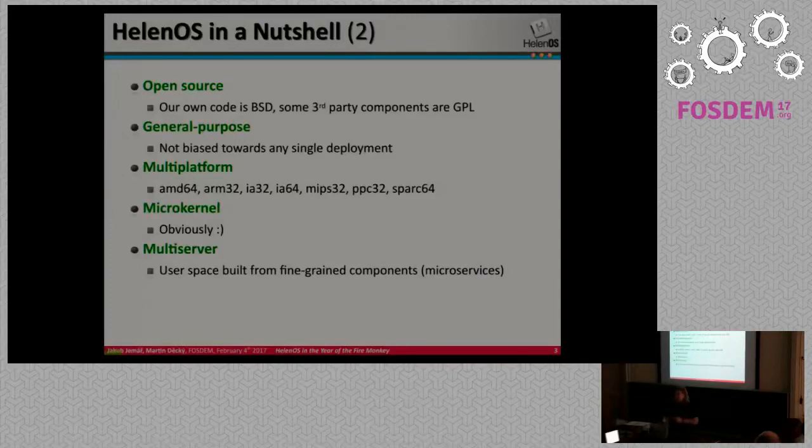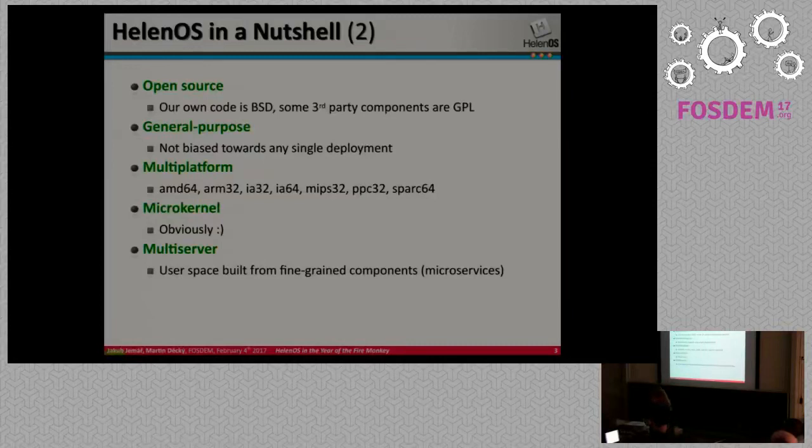General purpose means that we don't want to be biased towards any particular use case or any particular deployment. We want to create an operating system that is as useful for servers, desktops, embedded systems as for any other particular use case.